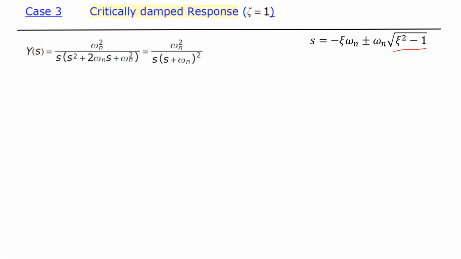Do you agree? Zeta equal to 1, so it's going to be minus omega n. Since it is second order, it means that I have two poles located in the same place. A repeated pole, repeated roots. This is basically what I'm saying.